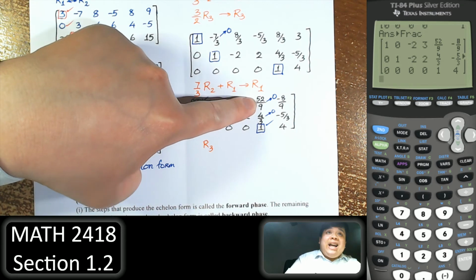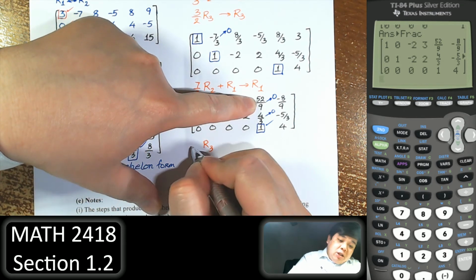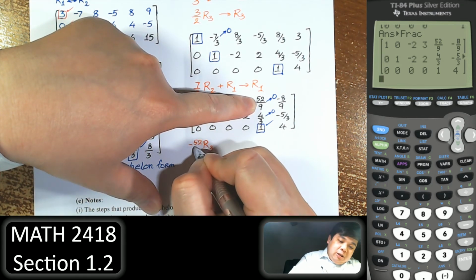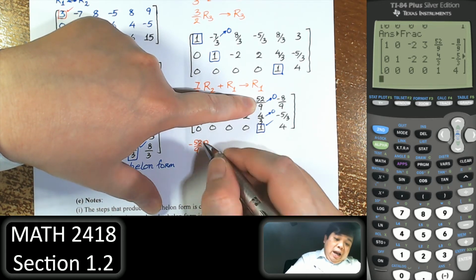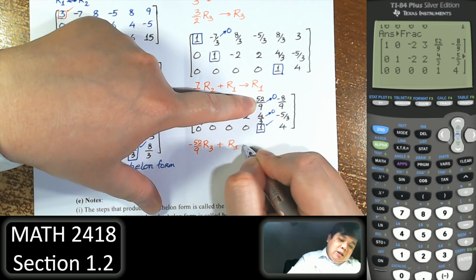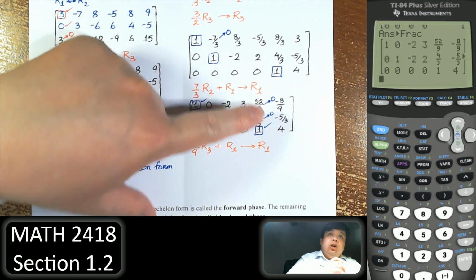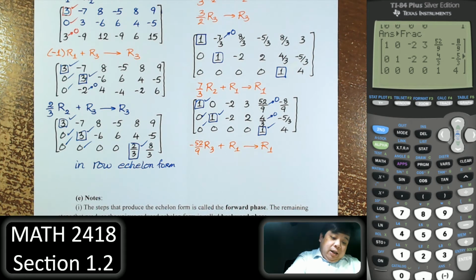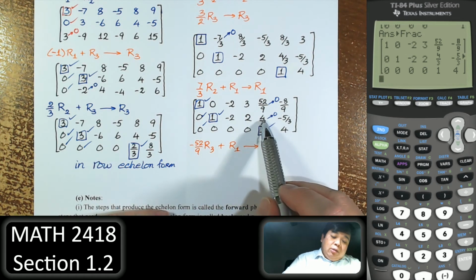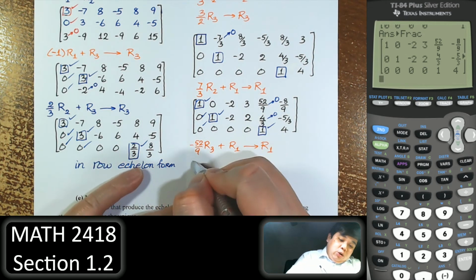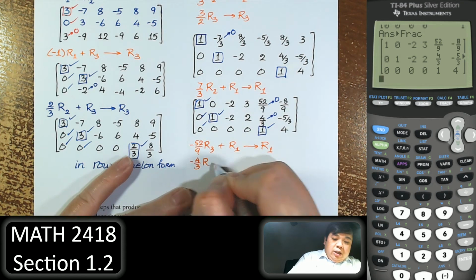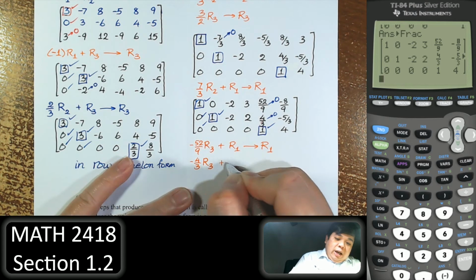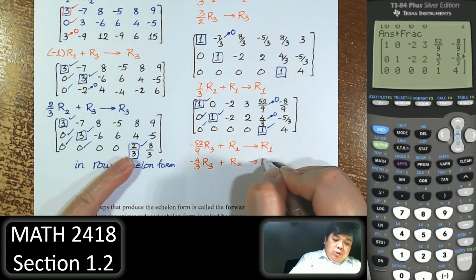If we want to turn that to 0, we only use opposite to that. Multiply to the pivot row and add, replace to row 1. At the same time, to turn the 4 thirds to 0, we're going to use opposite to that. Multiply to the pivot row, row 3, add to row 2 and replace row 2.